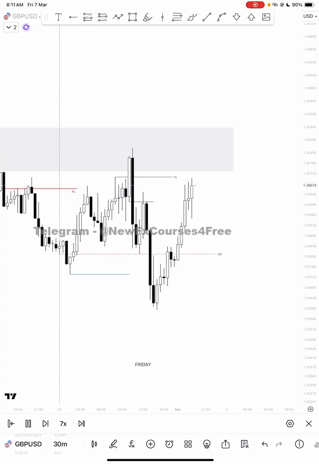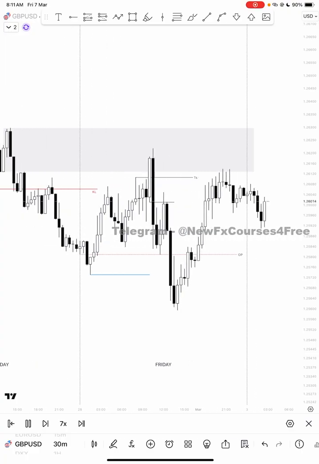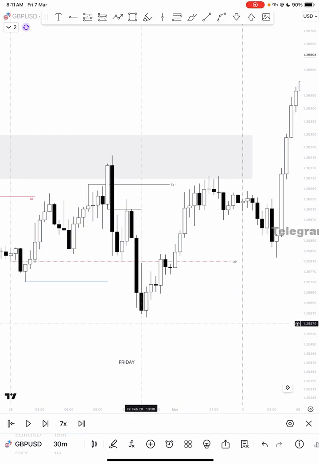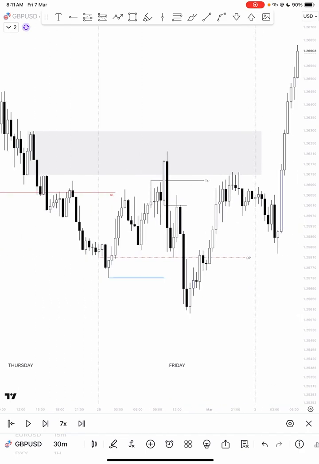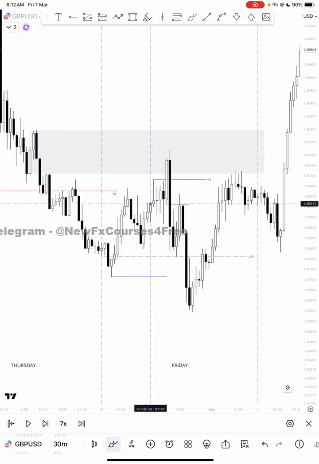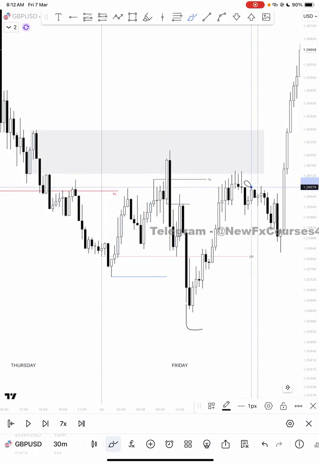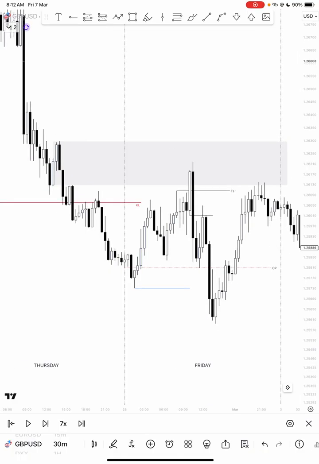So here you got your open low, this is your low over here, then you got your close here. So you can actually sell above the opening price and also buy below the opening price.